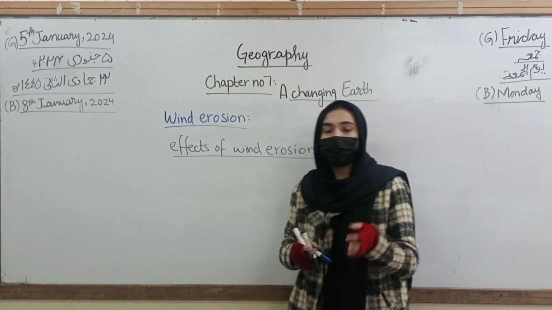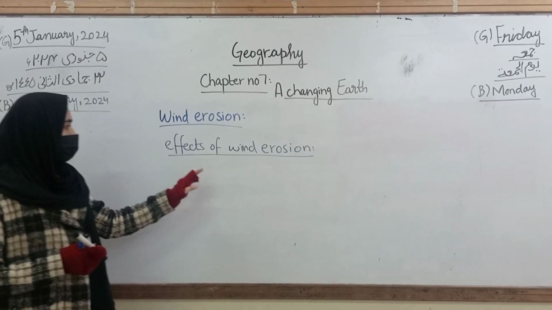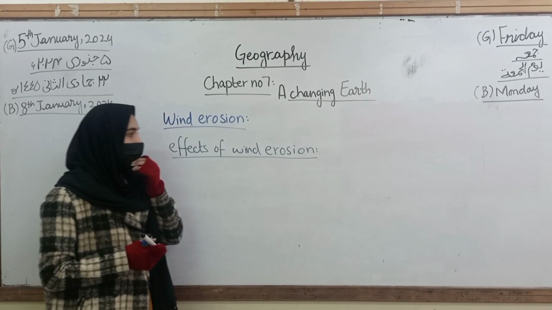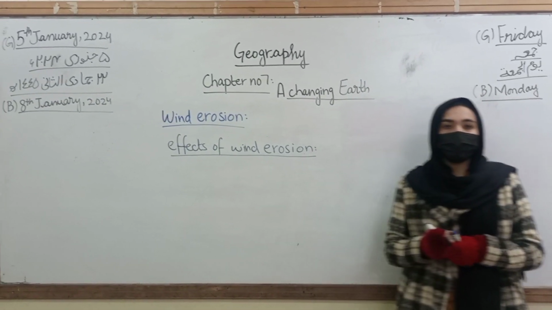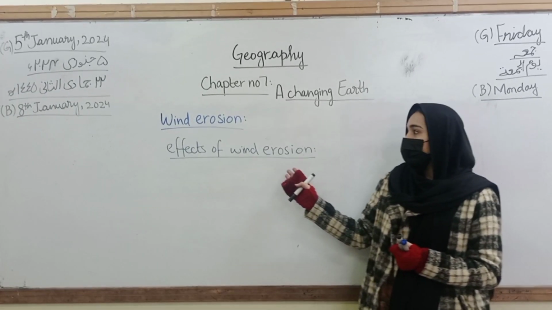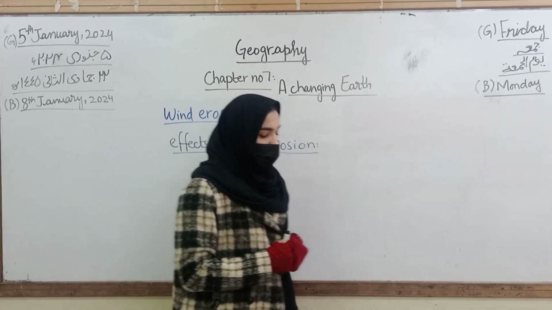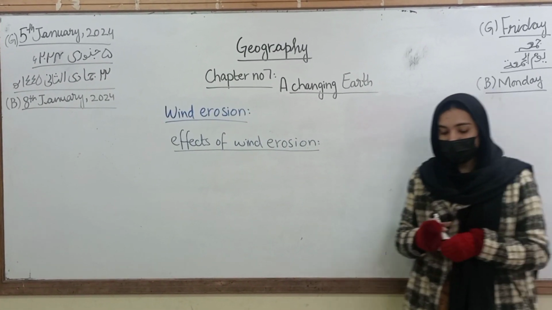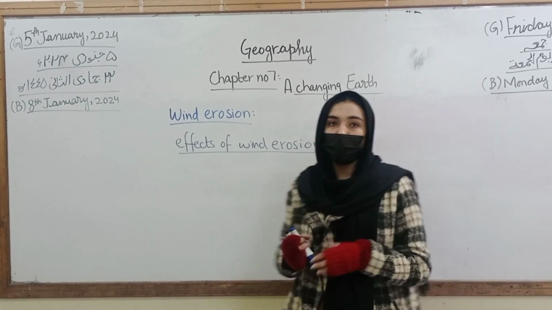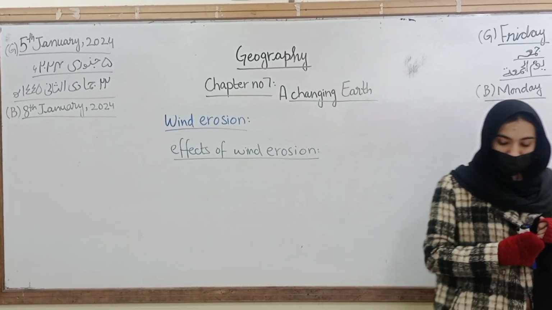Yes, you are right. It affects our lives by washing away the fertile soil, and it leads to damage to plants. So we can say that when erosion happens through winds, it causes enormous damage to farmland that loses its soil, and to the places where the soil is deposited.